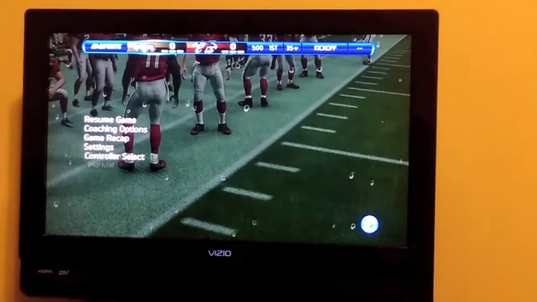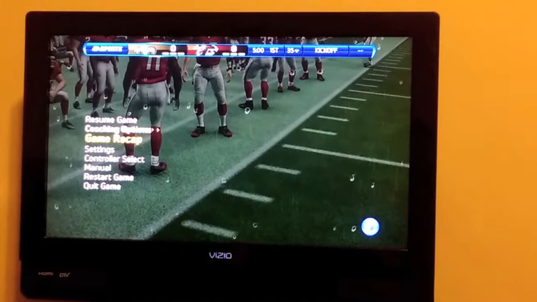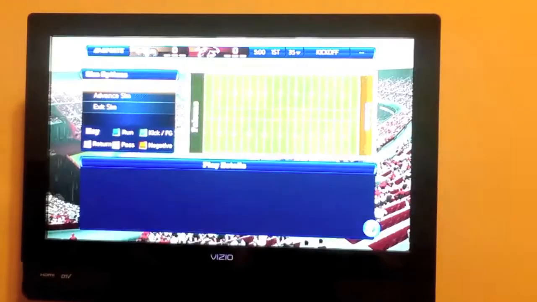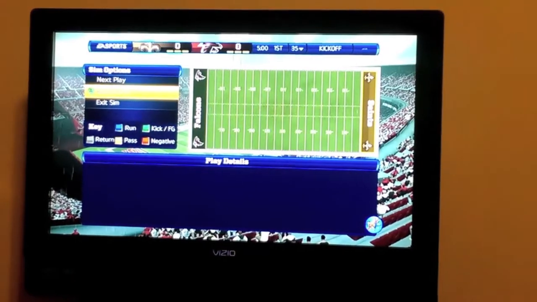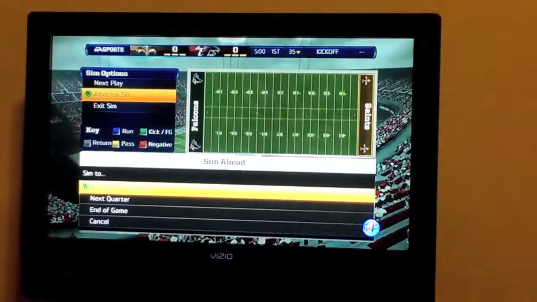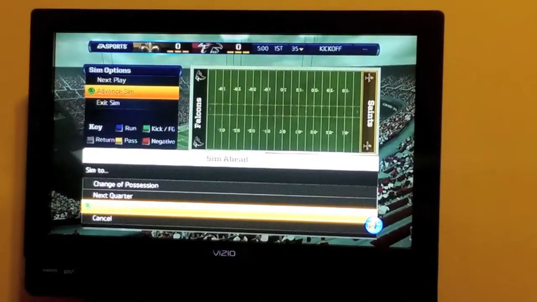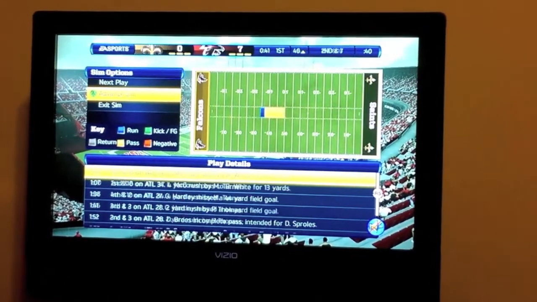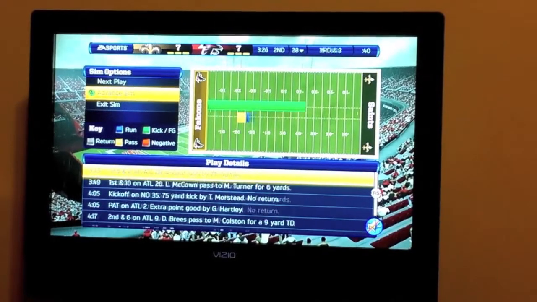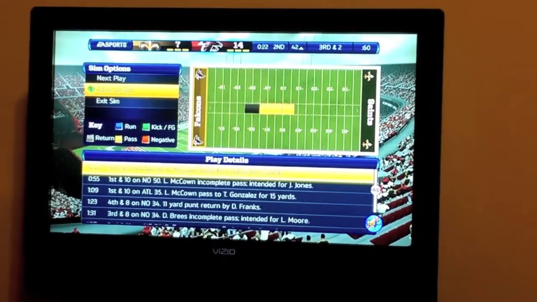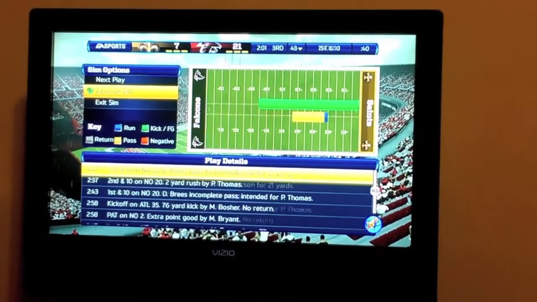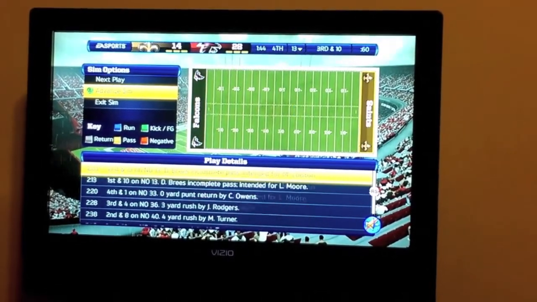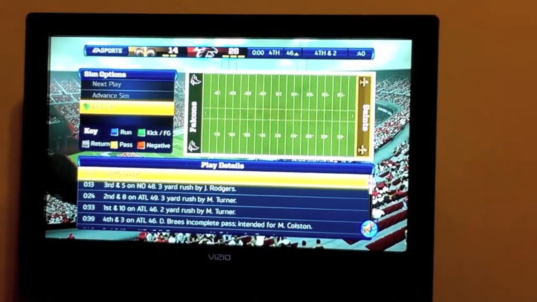After that, you can go to the main menu under coaching options, Super Sim. We can pick Advanced Sim and have it run a simulation for the entire game. And as this happens, it records every play and gives a visual representation of what's happening during the game.